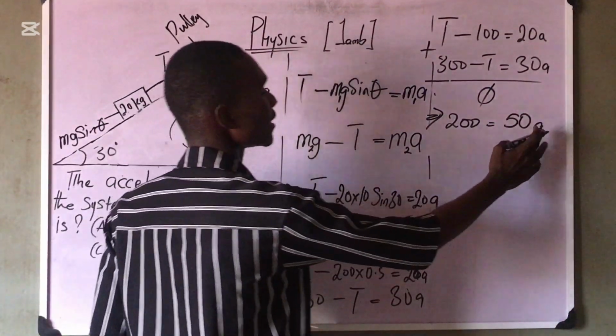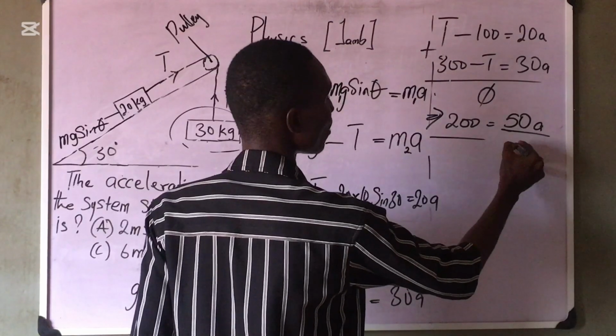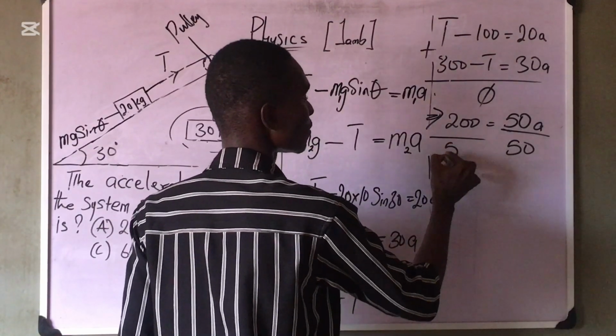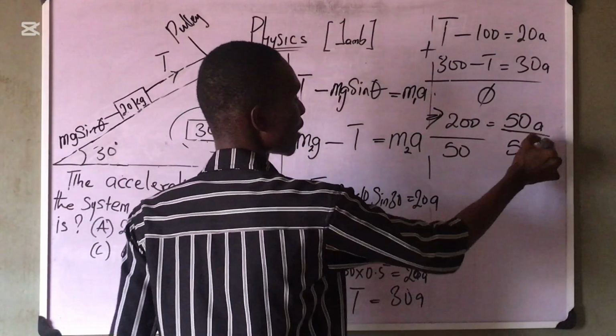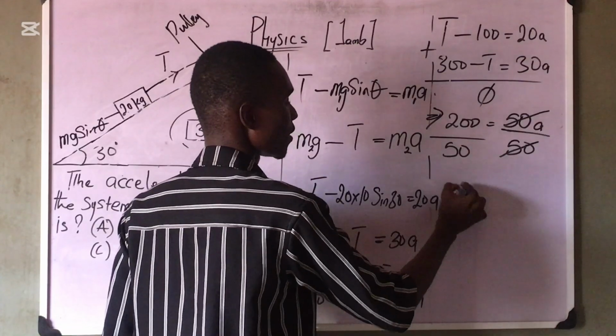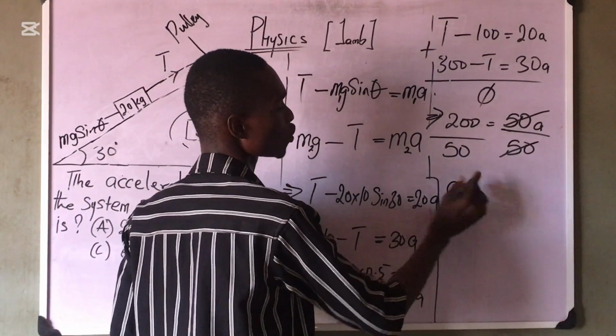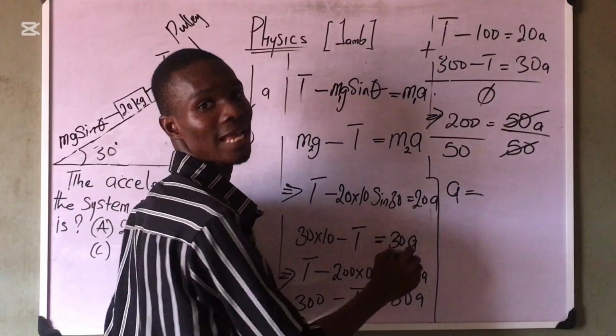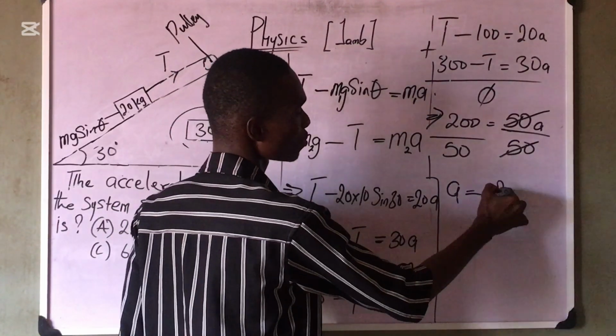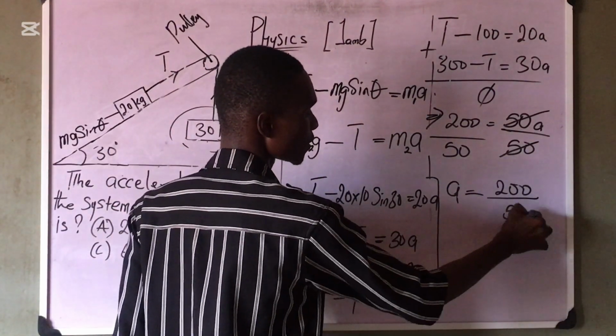To find a, I will divide both sides by 50. So that 50 will cancel 50. My acceleration here will give me 200 over 50.